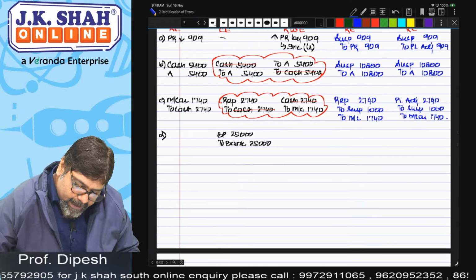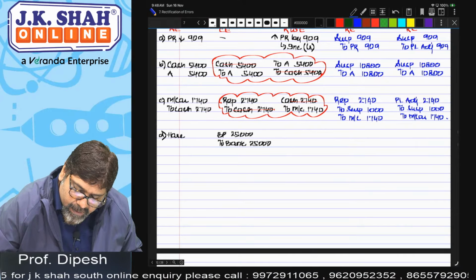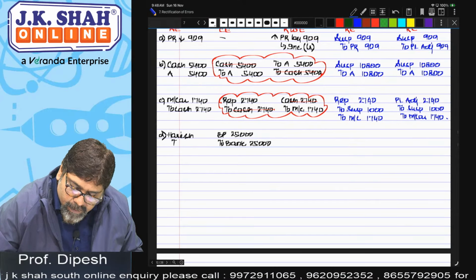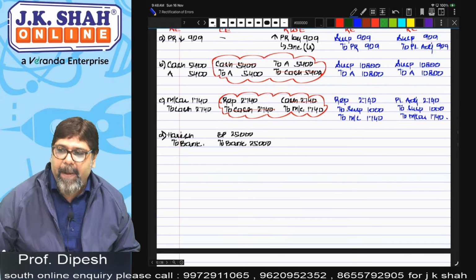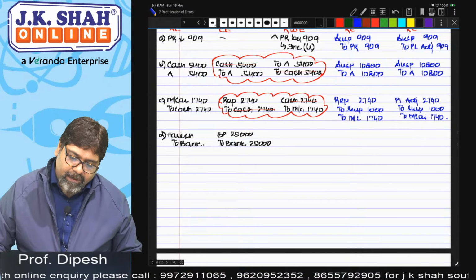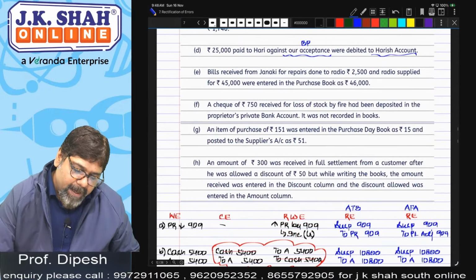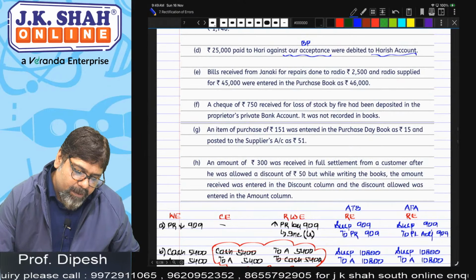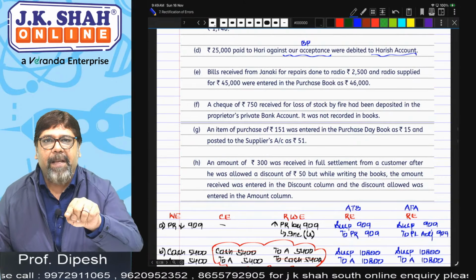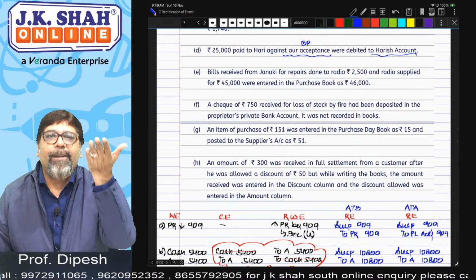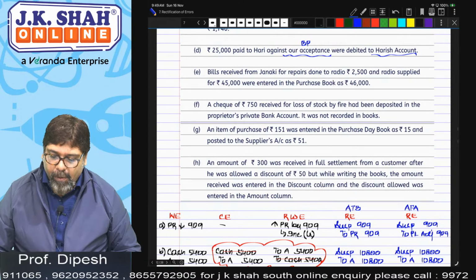Correct? Yes. Now, the wrong entry is Harish to bank, 25,000. When we are paying against bills payable, it should not be Harish to bank. It should be bills payable to bank. It means bills payable honored.